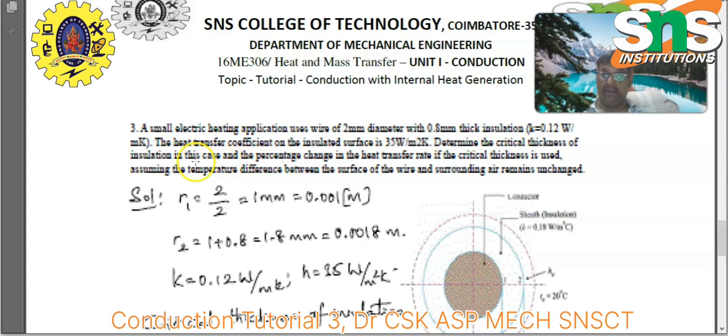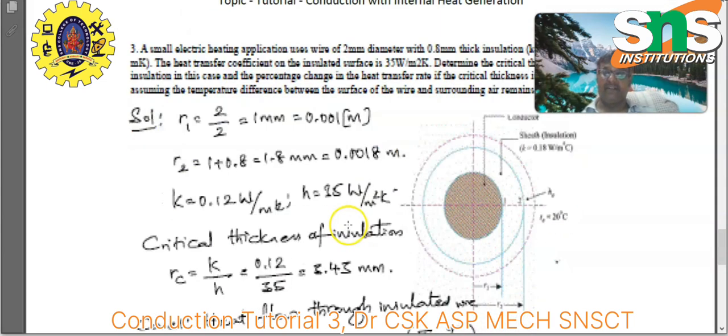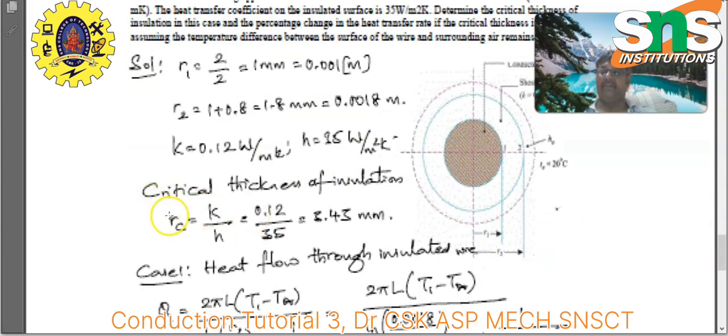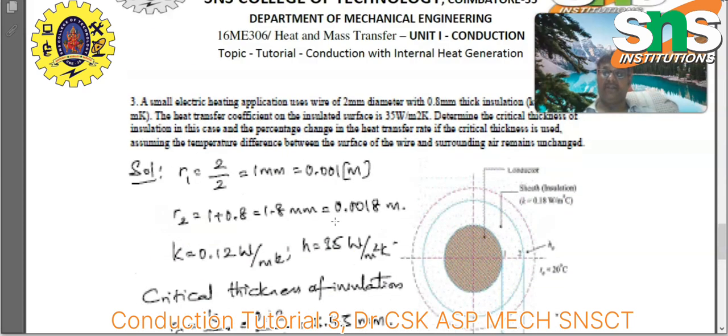So what they have asked in this: determine the critical thickness of insulation in this case and the percentage change in heat transfer rate if the critical thickness is used. First they asked to find out critical thickness, that we have found with the basic formula K equal to R into H, that is 3.43 millimeter.